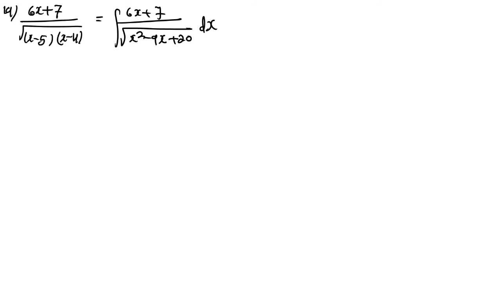It is not in the form f dash of x by f of x, so use the formula px plus q. If your question is in the form px plus q by ax square plus bx plus c, under square root or not, it is in this form.